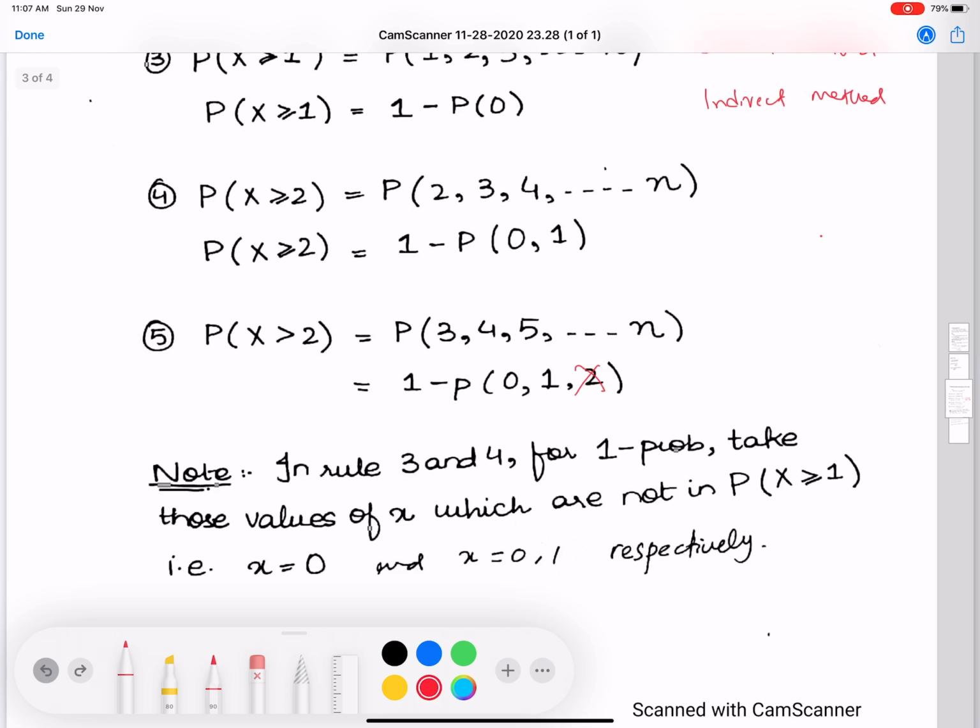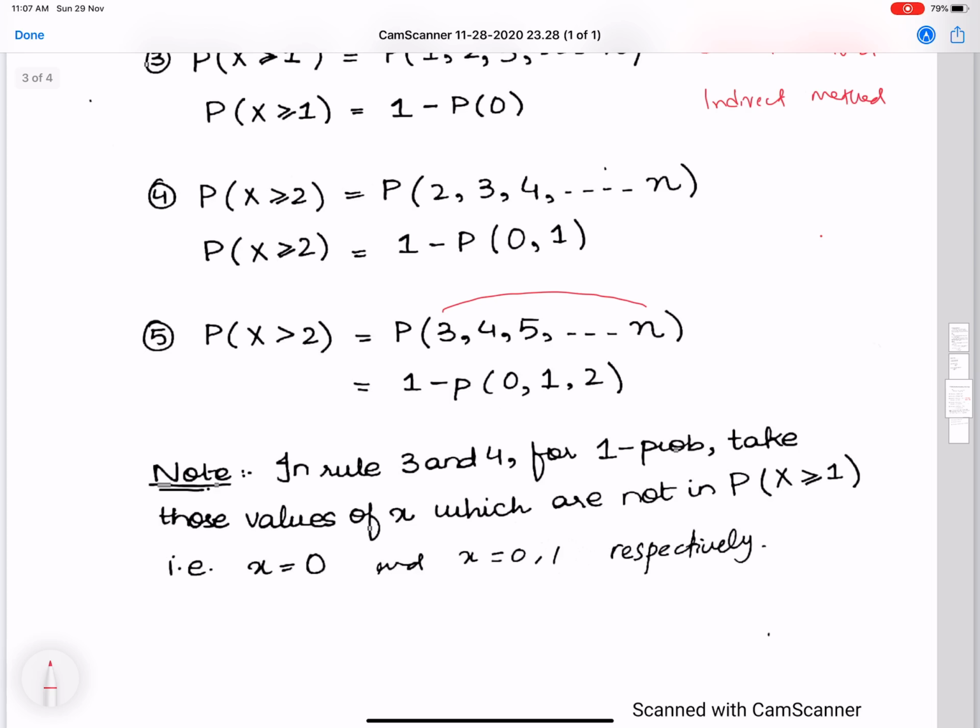So the best way to avoid careless mistakes is to write the numbers for the direct method first. If you write the numbers of the direct method, then you will not make mistakes while using the indirect method, inshallah.